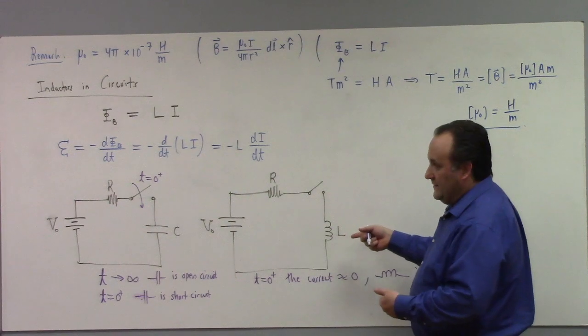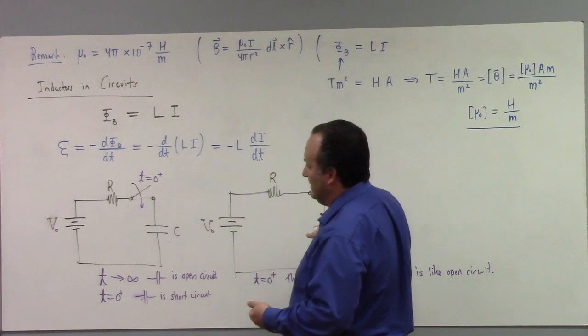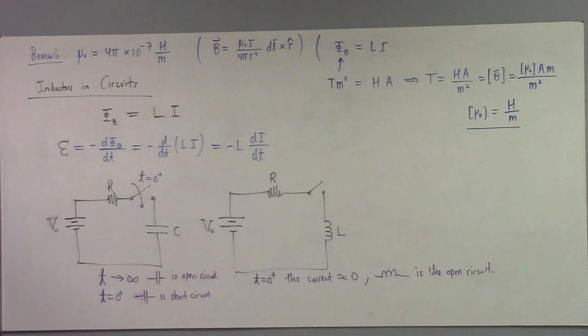And the magnetic field in the inductor is closely tied to the current flowing through it, so if the field is 0, the current is also 0.